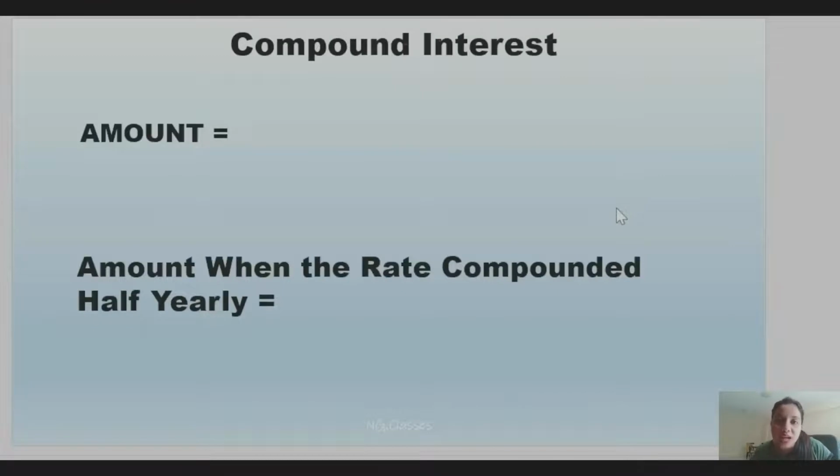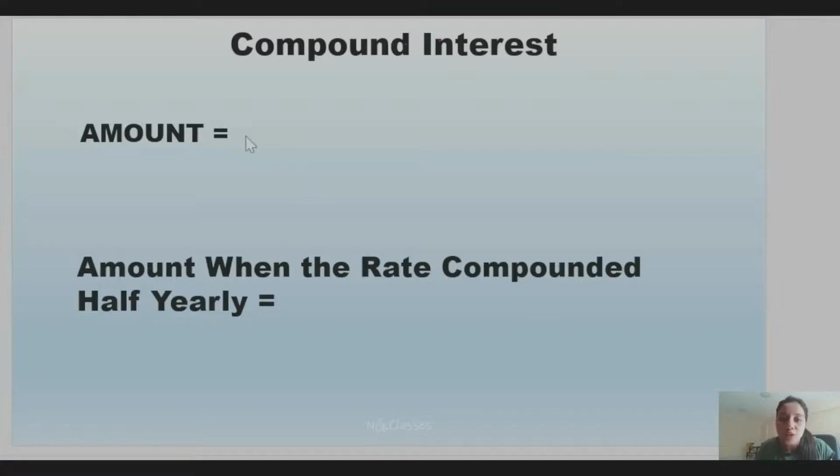And now the way we have a formula for simple interest, same way we have a formula for compound interest as well. For compound interest, we have a formula to calculate amount. If you want to calculate only compound interest, you have to subtract principal from it.